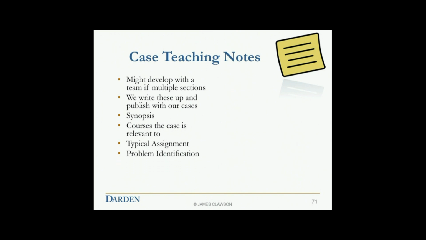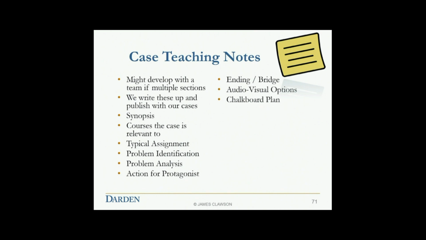Typically with cases, there are 3 sections: problem identification, problem analysis, and then action for the protagonist. We might also include in our notes an ending or a bridge, some audio-visual options, maybe a board plan. We have in our institution 3 long chalkboards, front, middle, and back, and a sideboard.